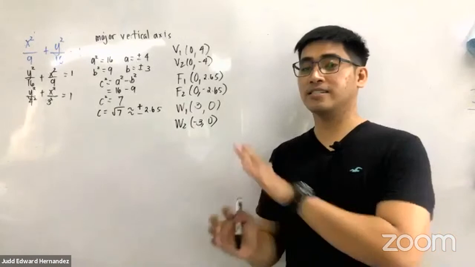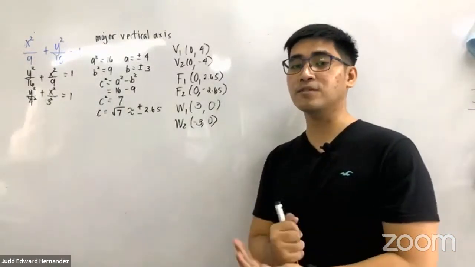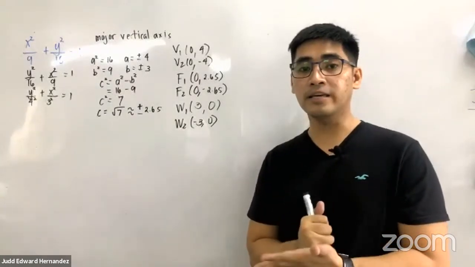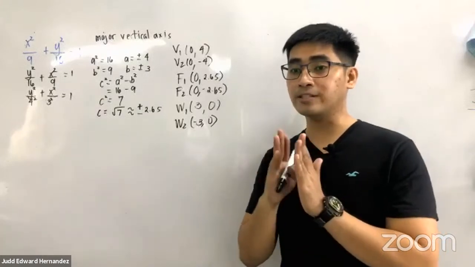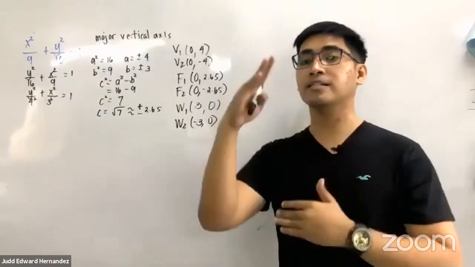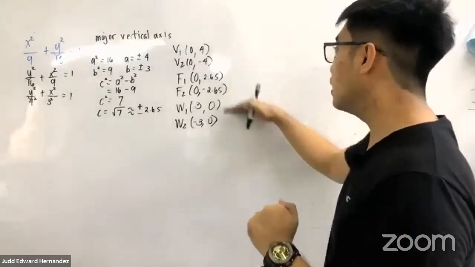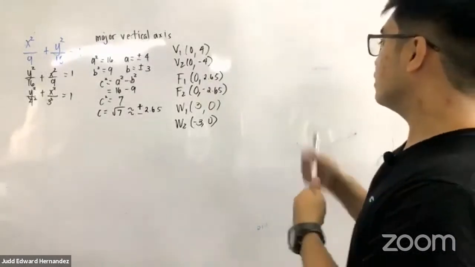Maliwanag na ba, guys? Maliwanag na ba yung pagkuha ng vertices, foci, and co-vertices without even using the formula? By just analyzing kung saan papunta yung points, kung pakanan, pakaliwa, pataas, pababa, masasabi agad natin kung saan located itong mga important values na dapat na isolve natin.